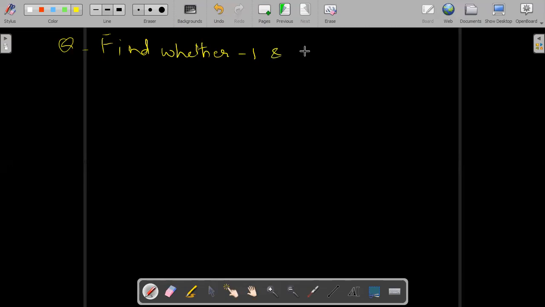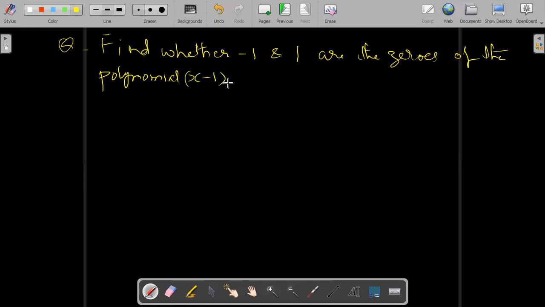Find whether -1 and 1 are the zeros of the polynomial x minus 1.